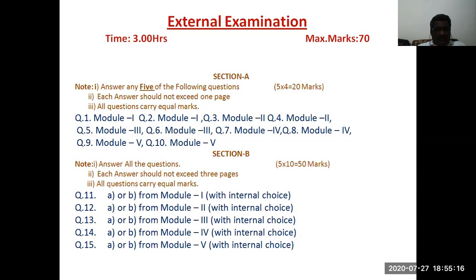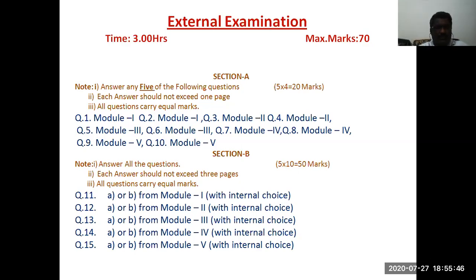These 10 questions are distributed as 2 questions to each module. We have 5 modules in our syllabus. In this section A, a total of 10 questions are given, divided among the modules, 2 questions for each module.